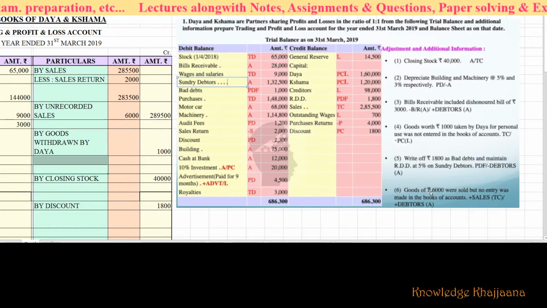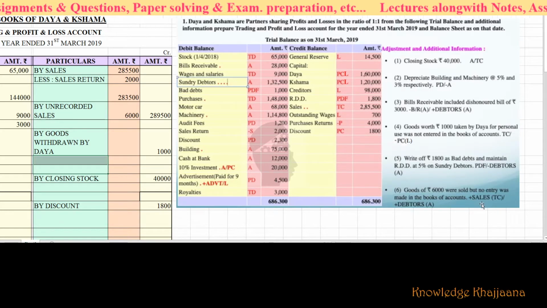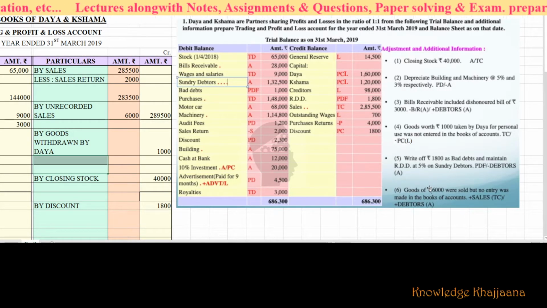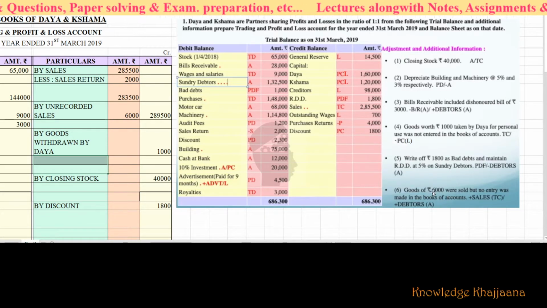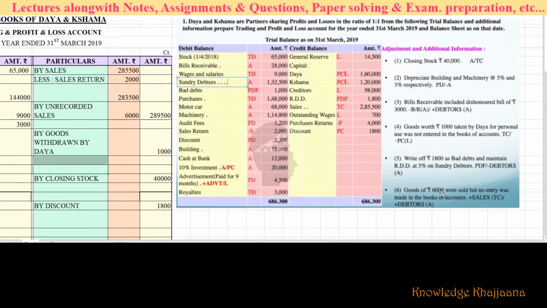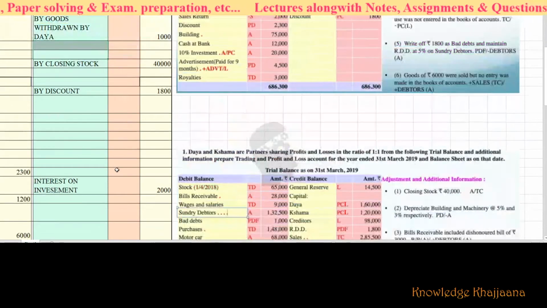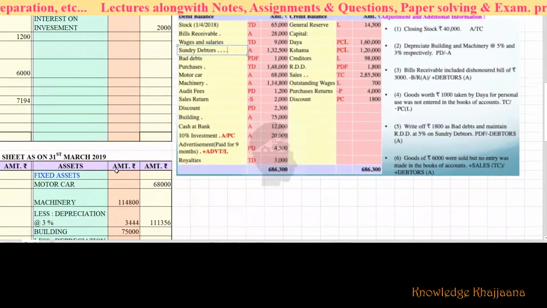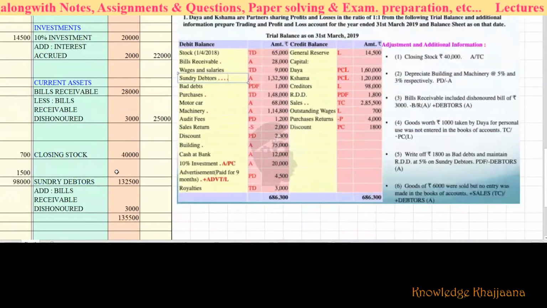And its second entry: rupees 6,000, which were sold but no entry was made in the books of accounts. So those are the unrecorded sales. So debtors of rupees 6,000 have been generated, right? Because we have sold the goods and they were not recorded, but the debtors were generated. So we have to add that much of amount to the debtors. Okay. So the second adjustment will come to the debtors, right?